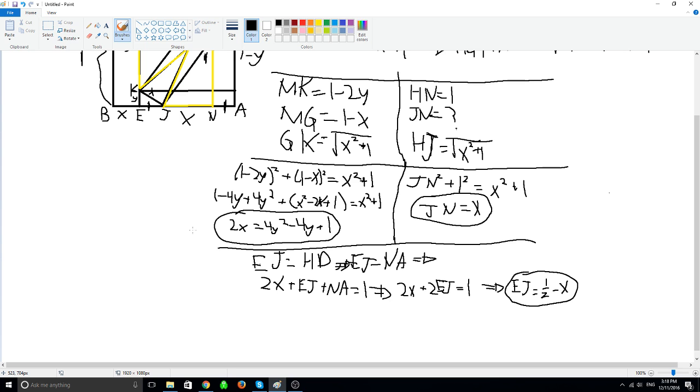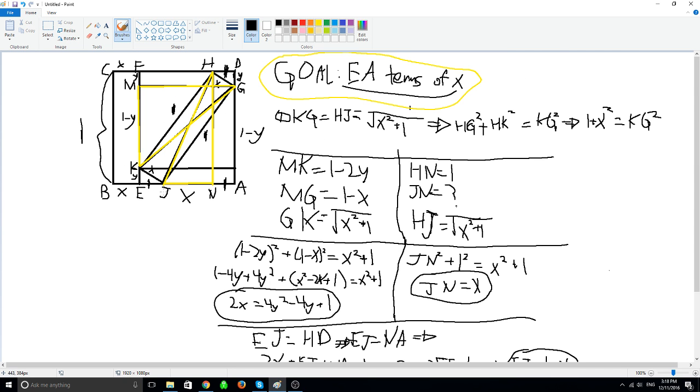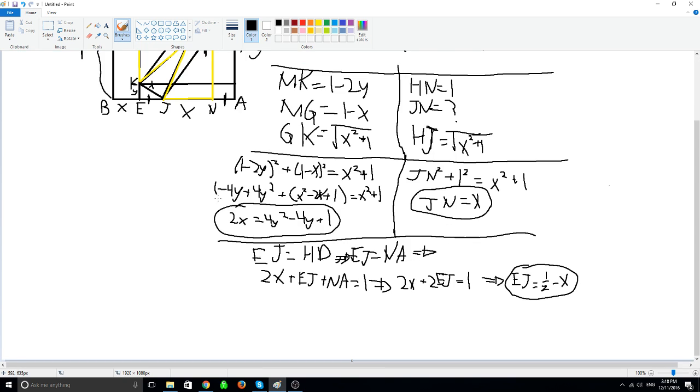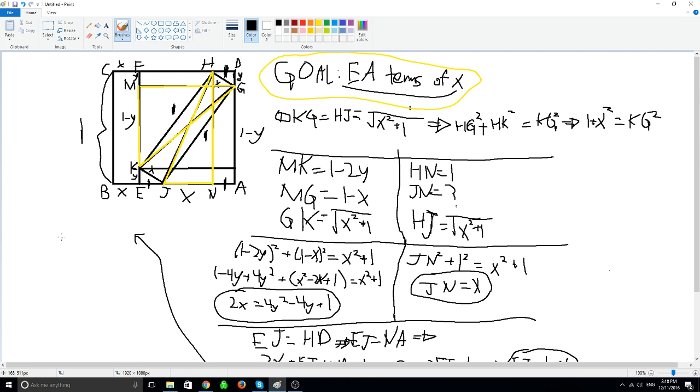So now, at last, what we can do is use the Pythagorean Theorem on triangle EJK and help us find y in terms of x. So now I'm going to try and fit this over here actually. So we have x squared is equal to y squared plus EJ squared.